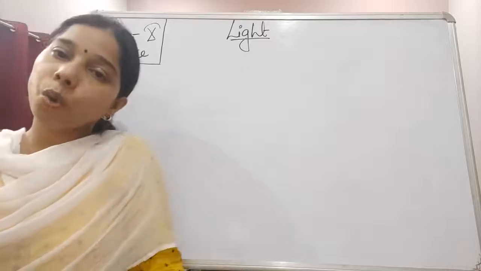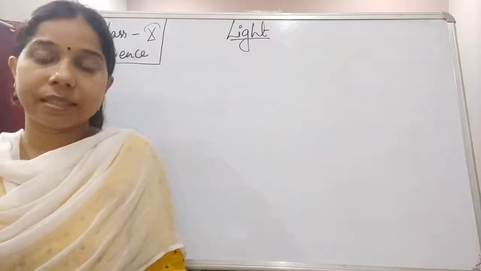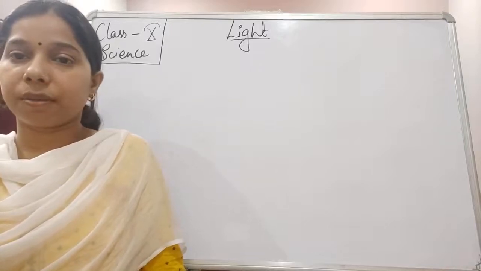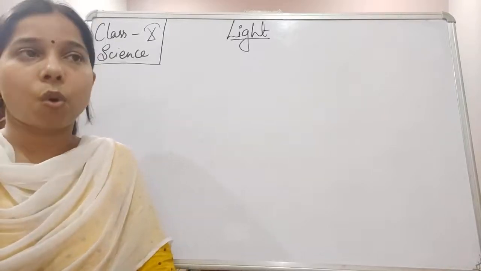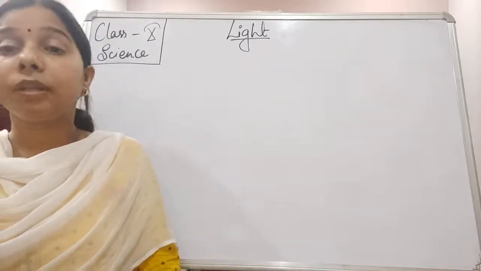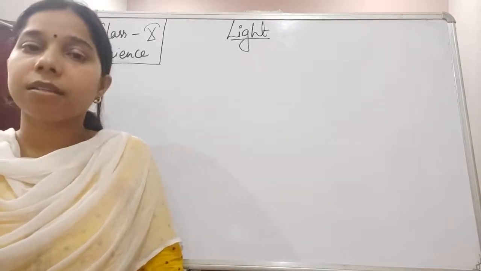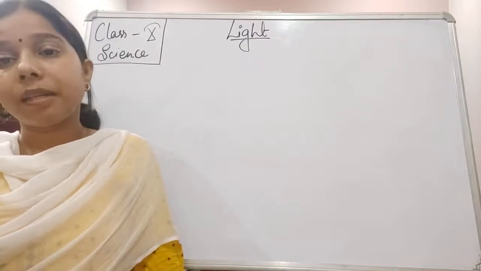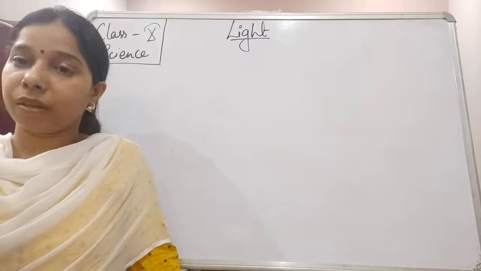So these are the only two conditions that we can see in case of a convex mirror, students. Then we were talking about the uses of the convex mirror, and we have seen the first use, that the convex mirror is basically used as the rear view mirror.